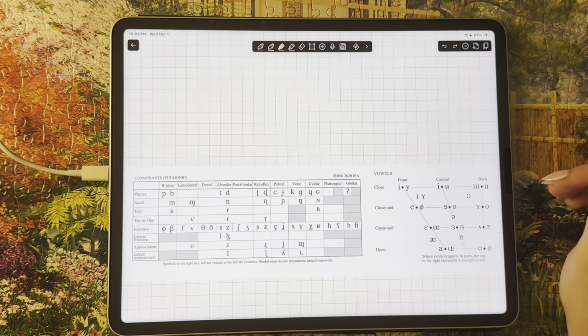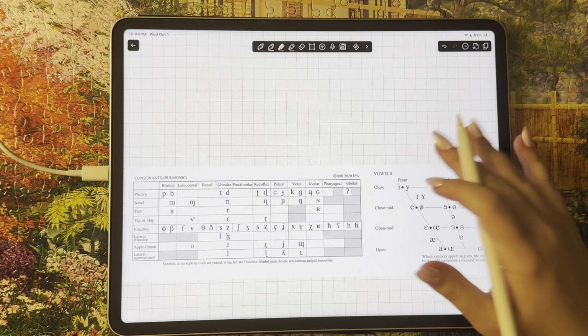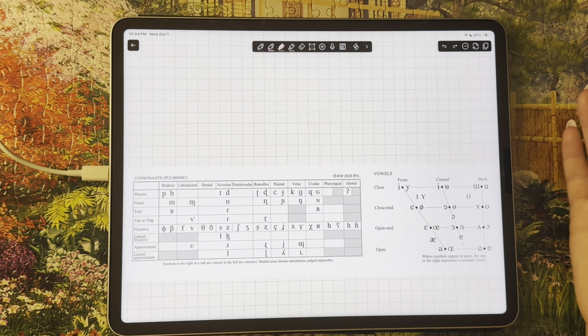And then this one is an O, like the name of the letter O, like over or orange.